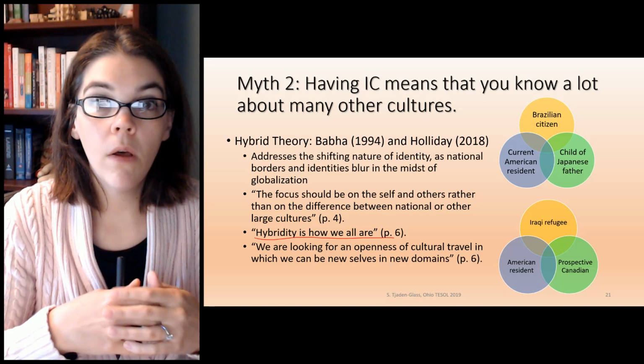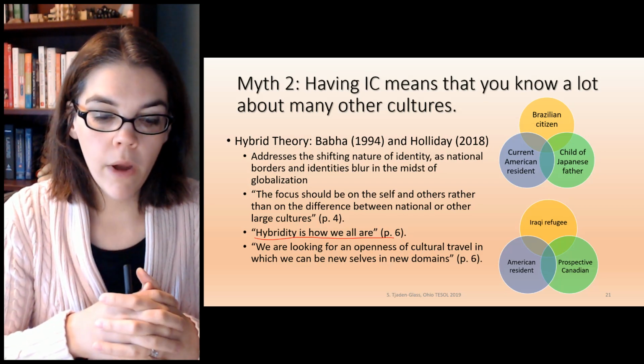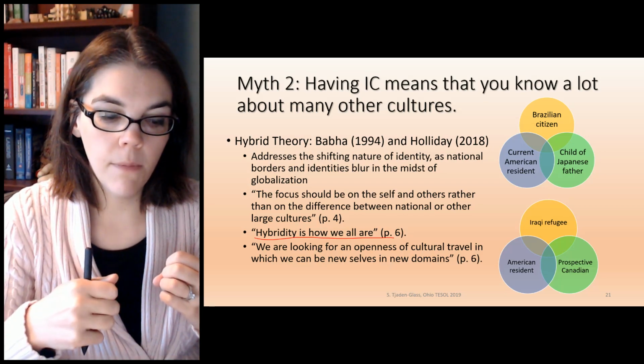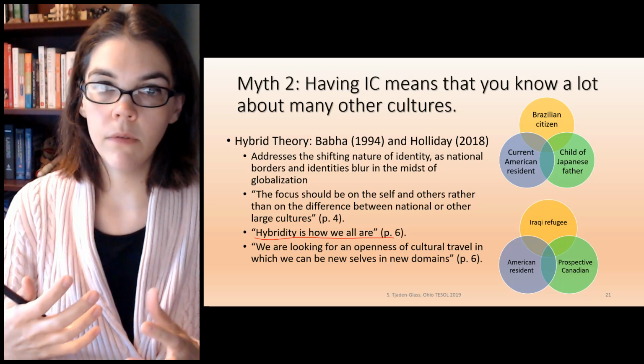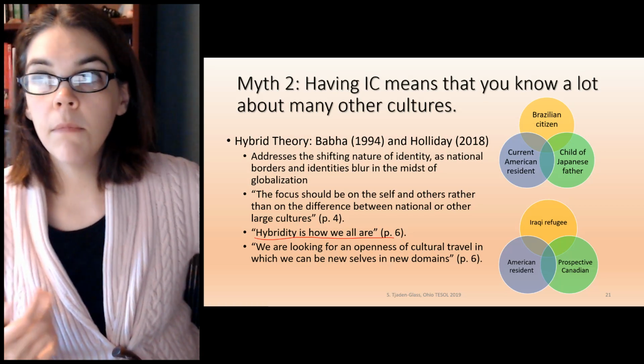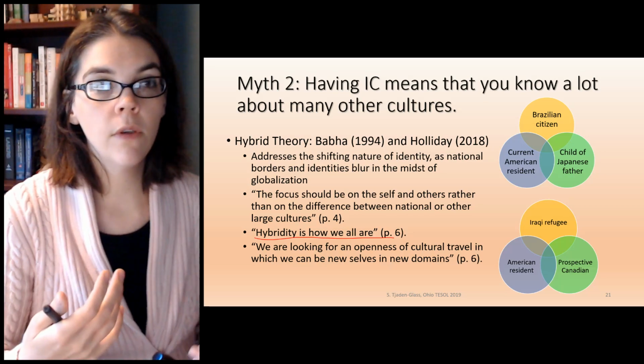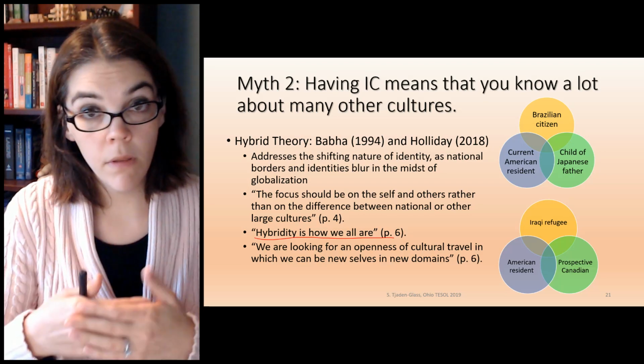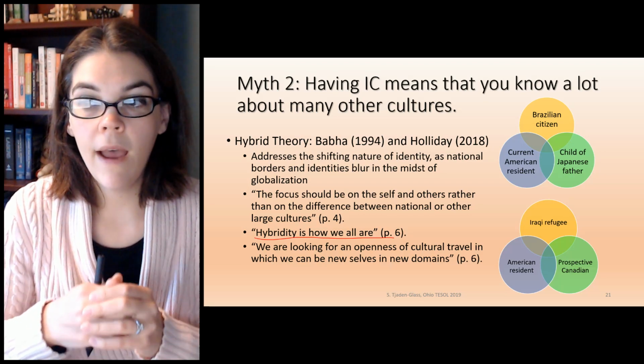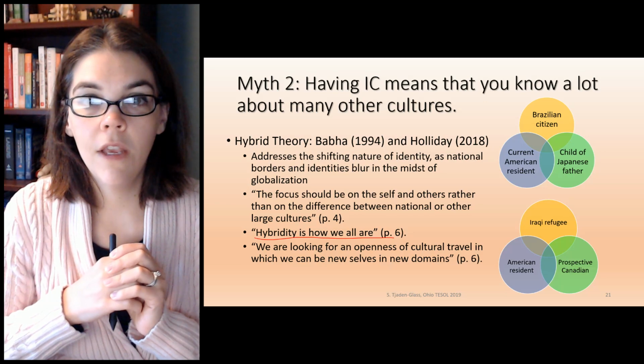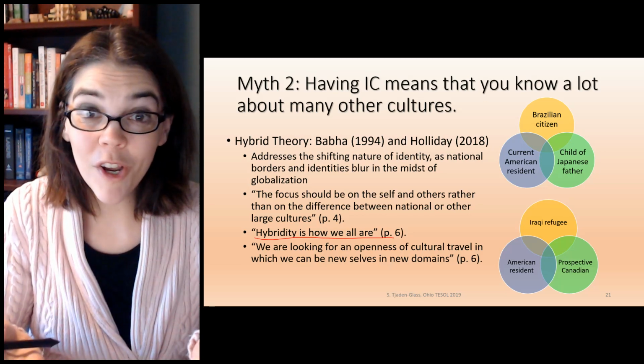Some theorists call it a third culture, where all cultural spheres that a student belongs to are valued and affirmed. And that can be really empowering when a student feels like they belong. When they have that sense of belonging, it's easier for them to learn, right?